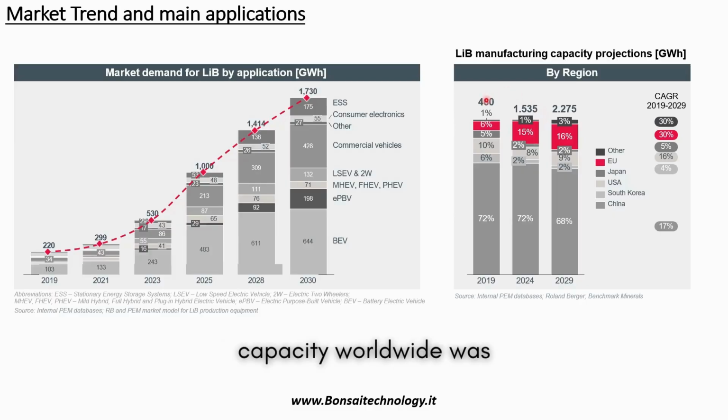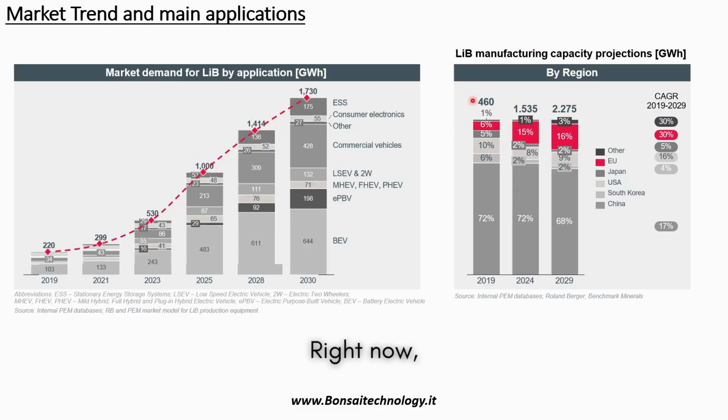If the total capacity worldwide was, based on this study, 460 gigawatt hours per year in 2019, it's going to be 1,500 gigawatt hours per year in 2024. So at least 4 times bigger in just 5 years. And then it's going to be over 2,000 gigawatt hours per year at the end of the decade. These are just estimations, projections.